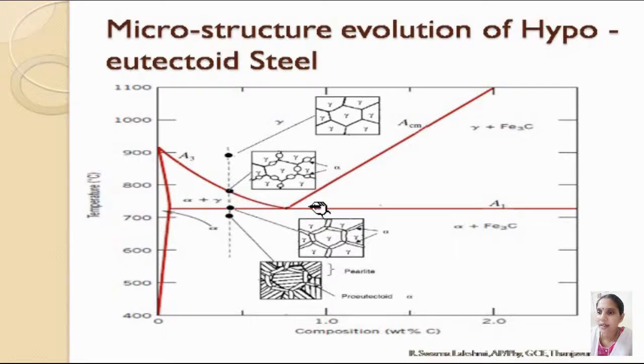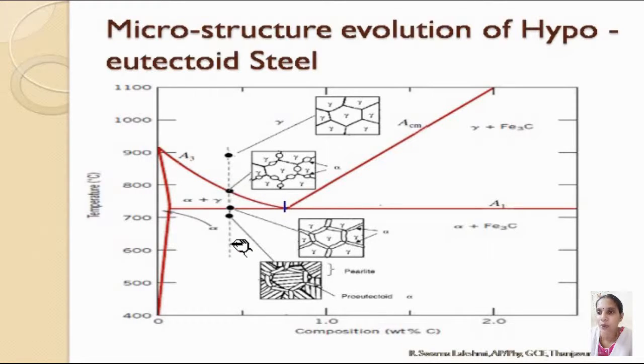Hypo-eutectoid steels are steels with less than 0.8 weight % carbon. This is the eutectoid point. So any alloy between 0.02 and 0.8 weight % carbon is a hypo-eutectoid steel.